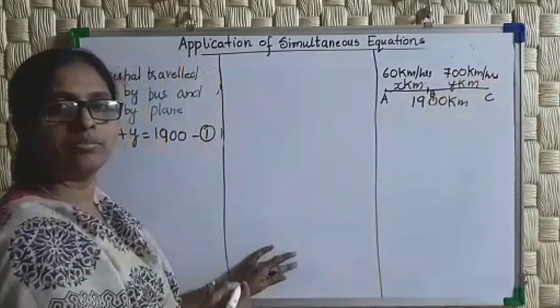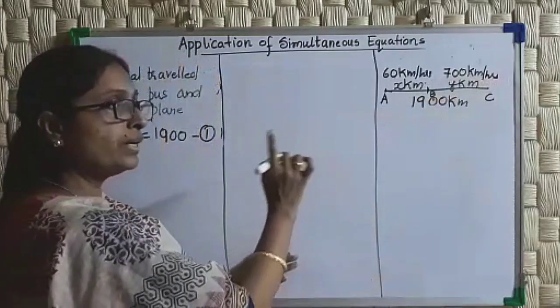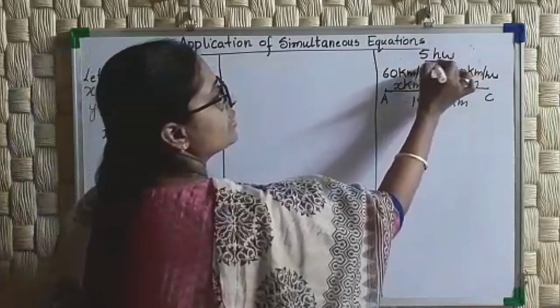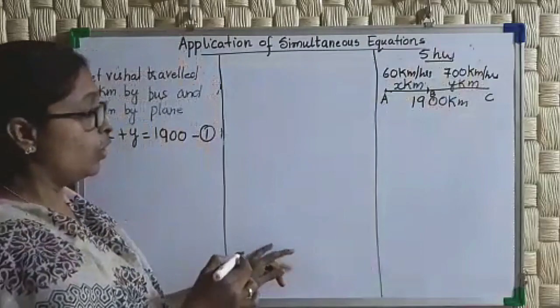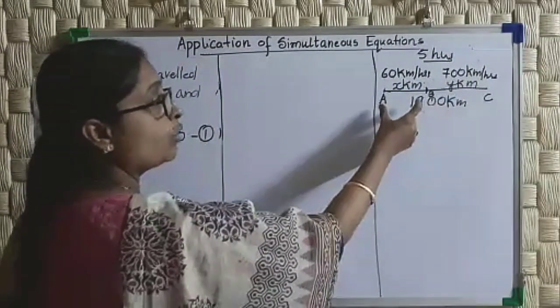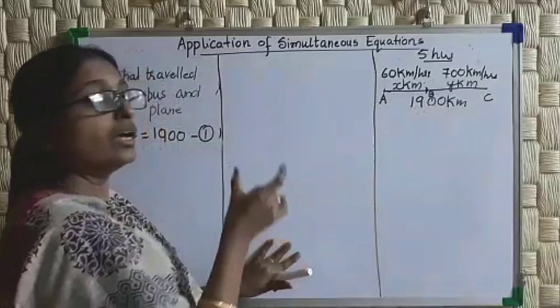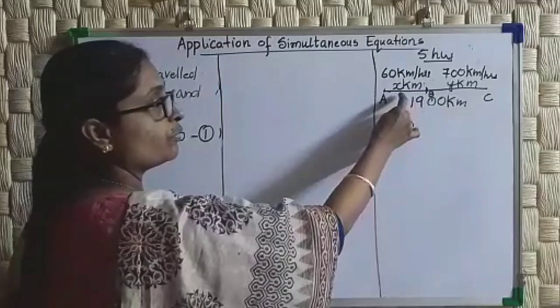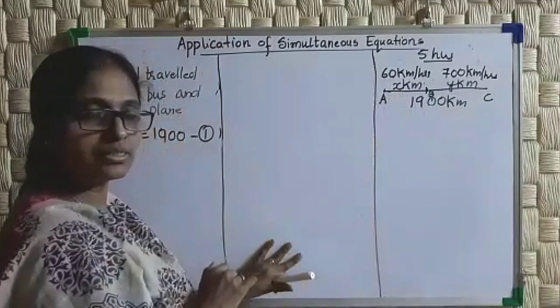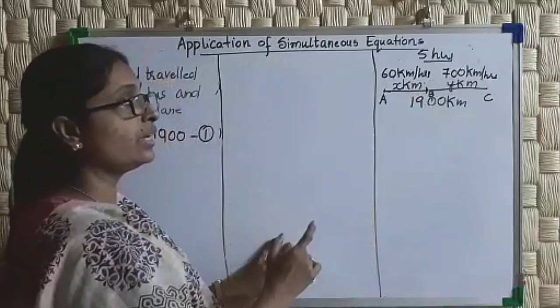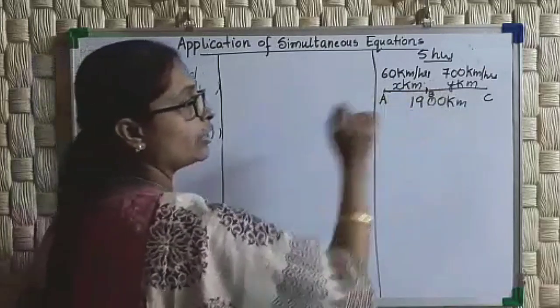The total time taken to complete this journey is given as 5 hours. Now, to frame the second equation, we have to find out how much time Vishal took to cover the distance of X kilometers by bus, and similarly how much time he took while travelling by aeroplane.